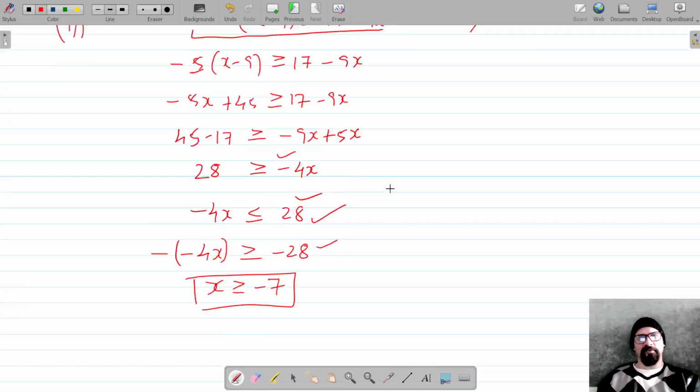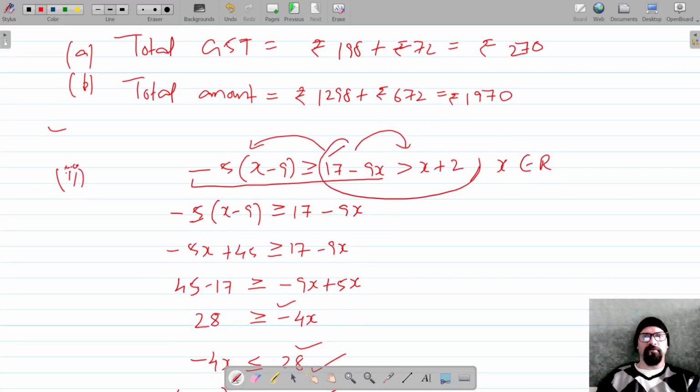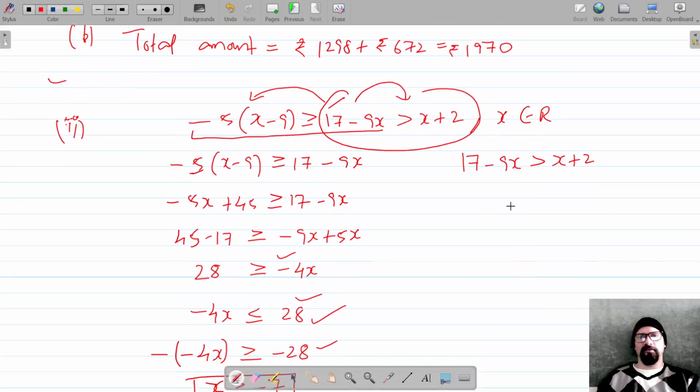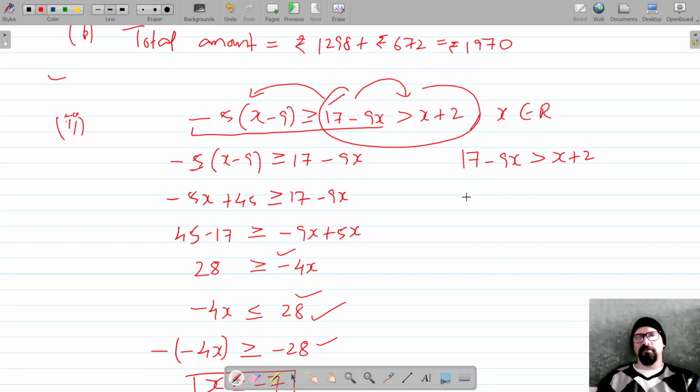Okay, now let's consider the second inequality. It is 17 minus 9x is greater than x plus 2. This is now minus 9x minus x is greater than 2 minus 17, which is minus 10x is greater than -15. If I cancel this negative, the sign of inequality changes.